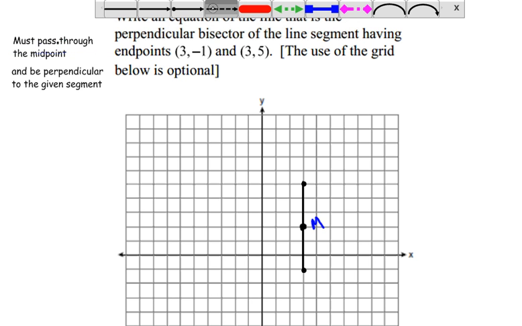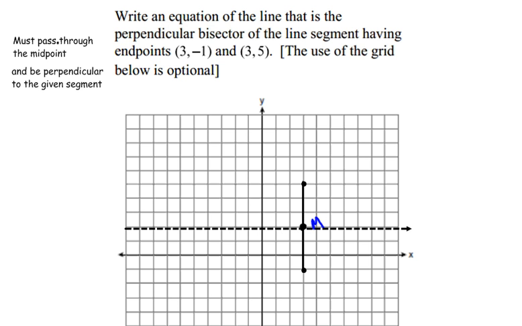So if it has to pass through this point and it has to be perpendicular to the segment, I have to draw a line like this if I want to draw the perpendicular bisector. So this line that I just drew represents the perpendicular bisector, but we're not done yet because they want the equation of the perpendicular bisector. So what's the equation of the line here? It's y equals 2.